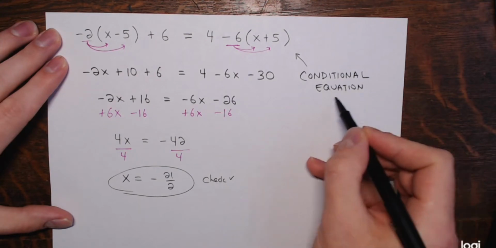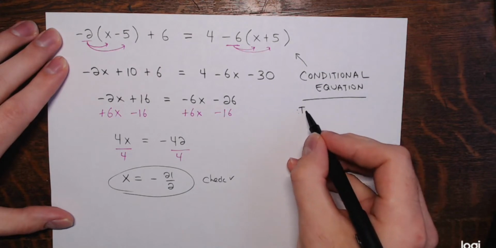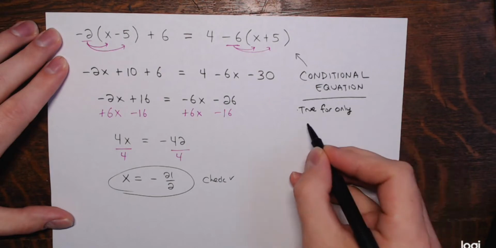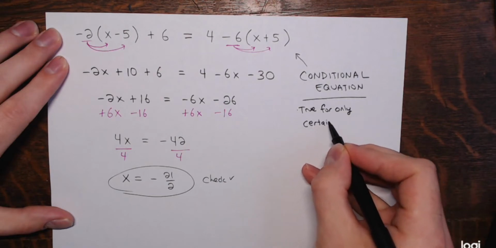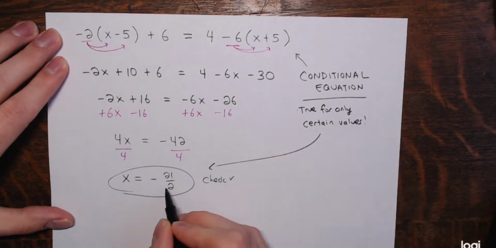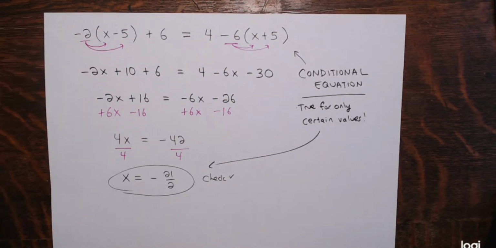A conditional equation is true for only certain values of x, like negative 21 halves. That's a conditional equation.